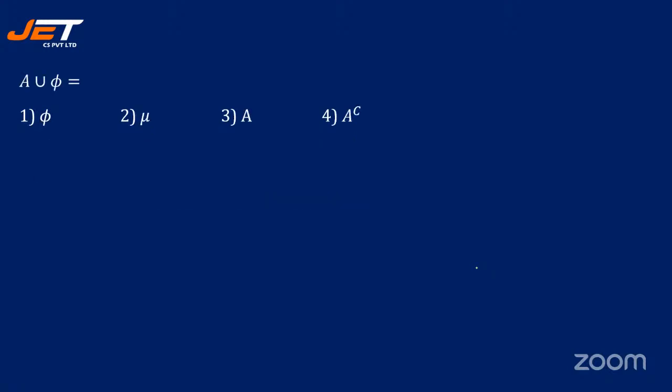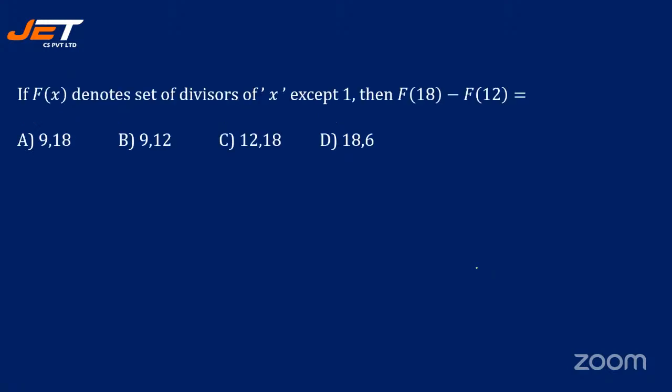A union null set is equal to dash. So obviously it should be A. A plus nothing is A, isn't it? If f of x denotes the set of divisors of x except 1, then f of 18 minus f of 12 is dash. Alright, so what is f of 18 minus f of 12?